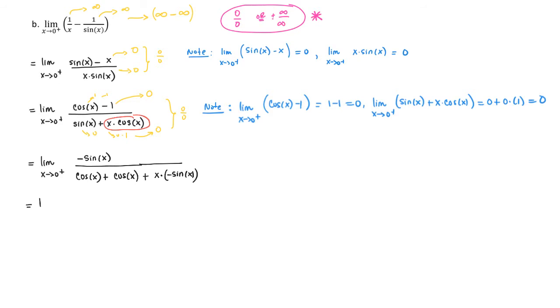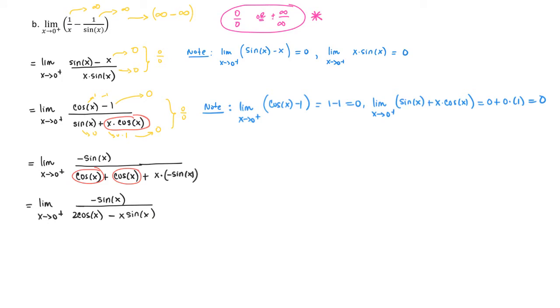So rewriting this, we have the limit as x approaches 0 from the right of negative sine x, all divided by, actually, I'm going to say 2 cosine of x, because if you notice right here, I have cosine plus cosine, and then that's going to be minus x times the sine of x.